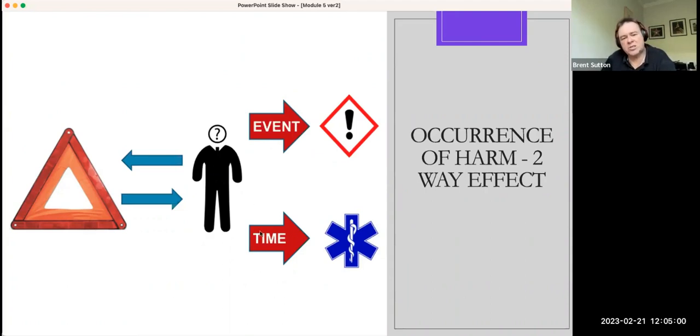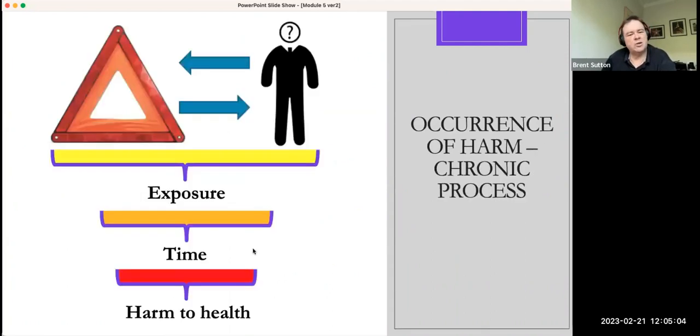With health-based risks, for us to understand the chronic side of that harm, we have to look at it through the lens of time. If I think about harm, we need to understand the relationship between the hazard and the worker. We need to understand the exposure, so how frequently they are exposed to that hazard, and the time of that exposure.